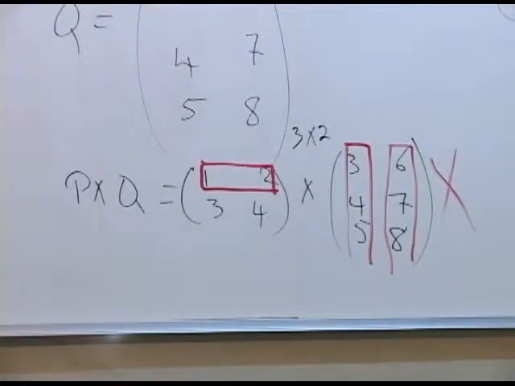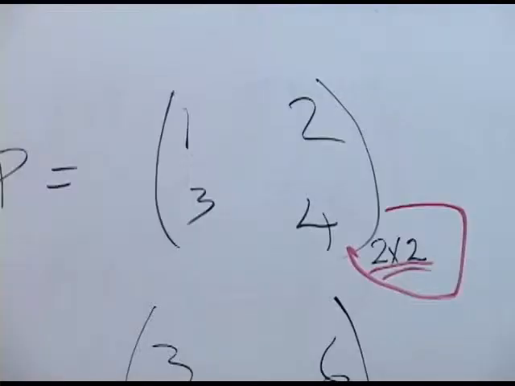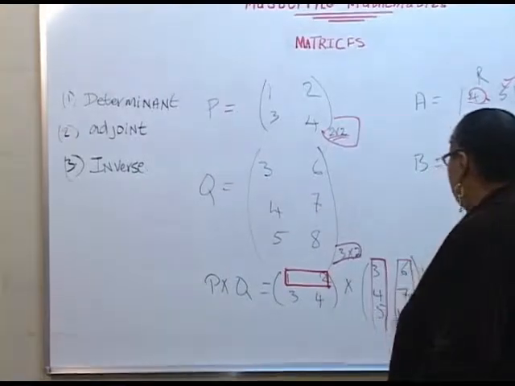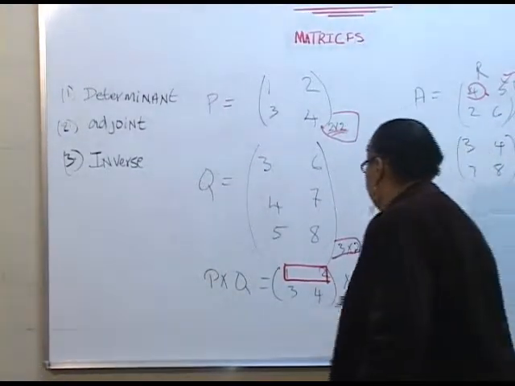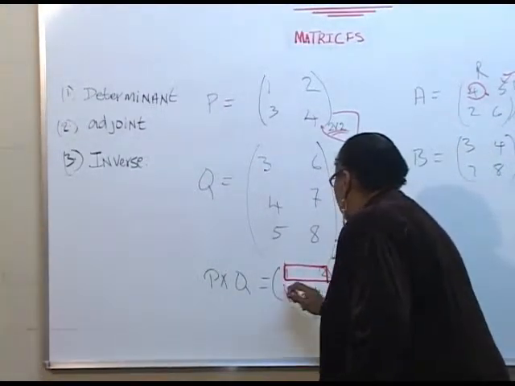It happens because our first one was a 2 by 2 matrix and the second was a 3 by 2, and we saw that the columns in the first matrix will not equal the rows in the second.